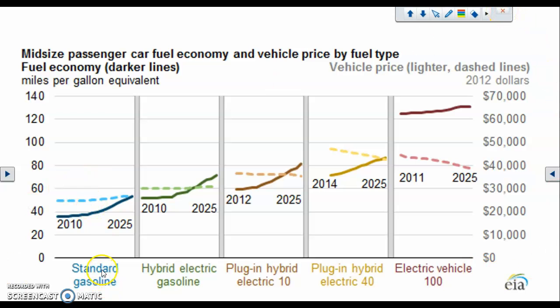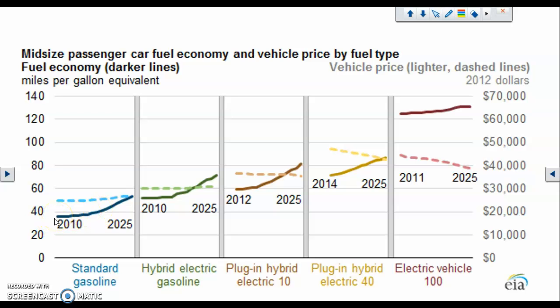Right. So if you look at a standard gasoline engine here, and again we're talking about a four-door mid-sized passenger car, like a Toyota Camry or a Honda Accord. Those are the only two cars I know about.